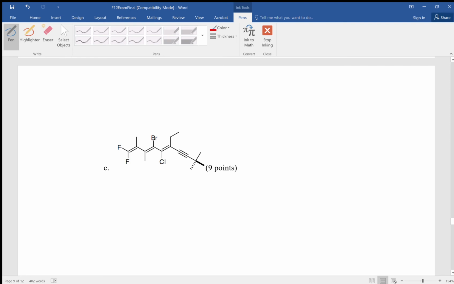Finally, in part C, we have another compound that has alkenes. This one also has alkynes. Now, we know, fortunately, again, that we need to start at the end of the chain closest to where the alkene or alkyne is.